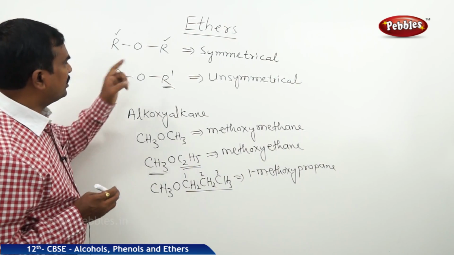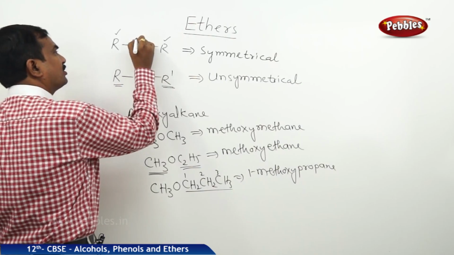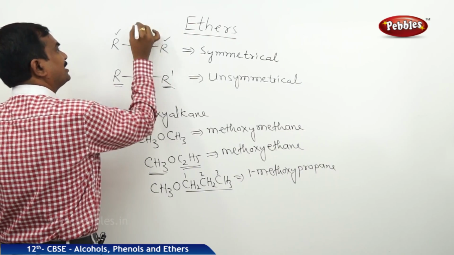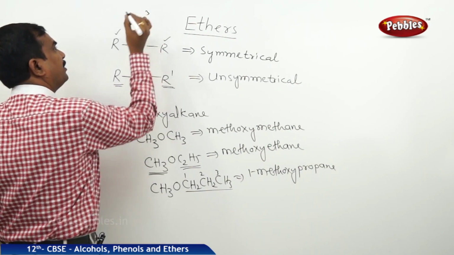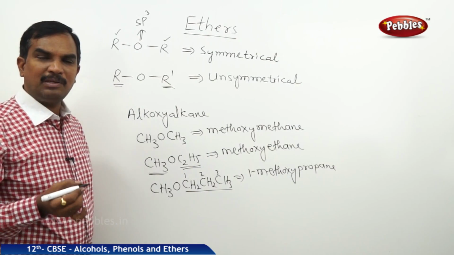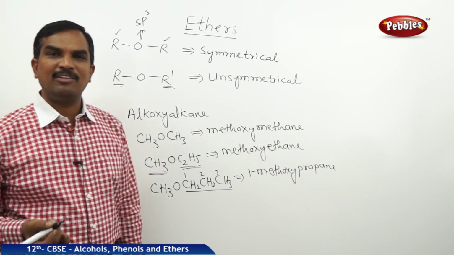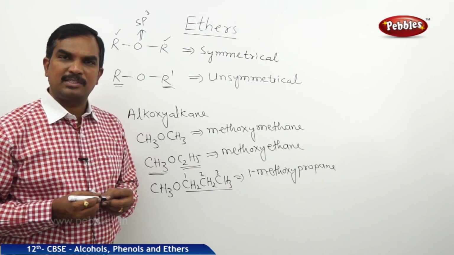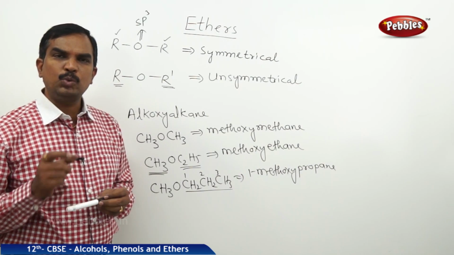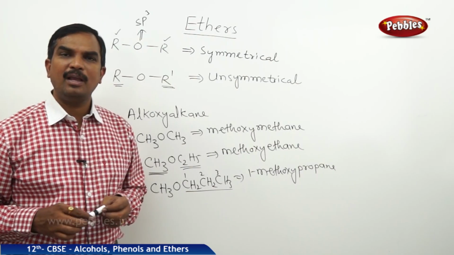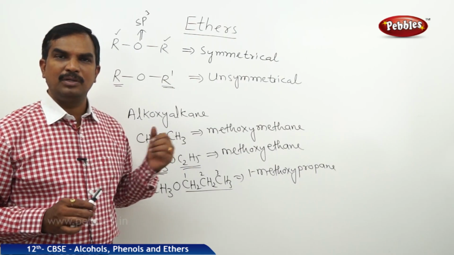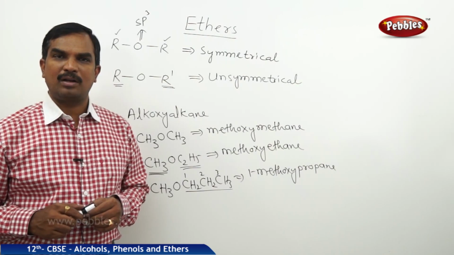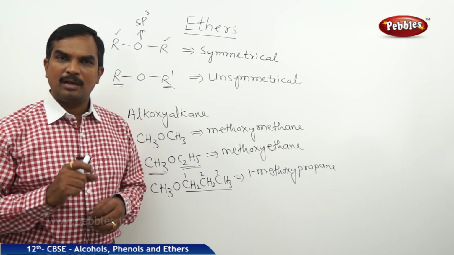And coming to the ethers, the oxygen here is sp3 hybridized. If you compare with a water molecule, in water the oxygen atom is sp3 hybridized. Just replace 2 hydrogens with alkyl groups, and we get ROR.